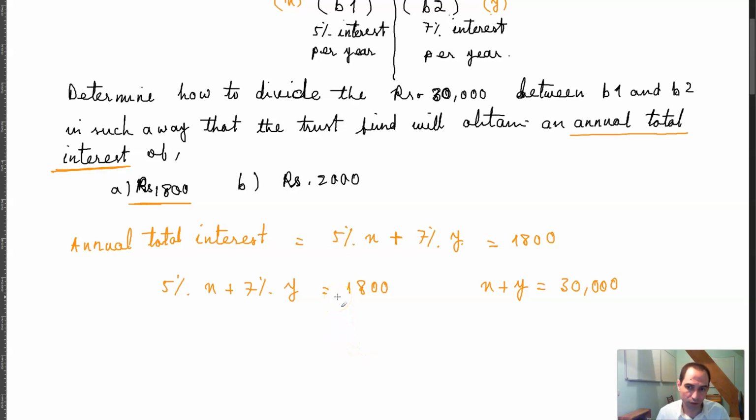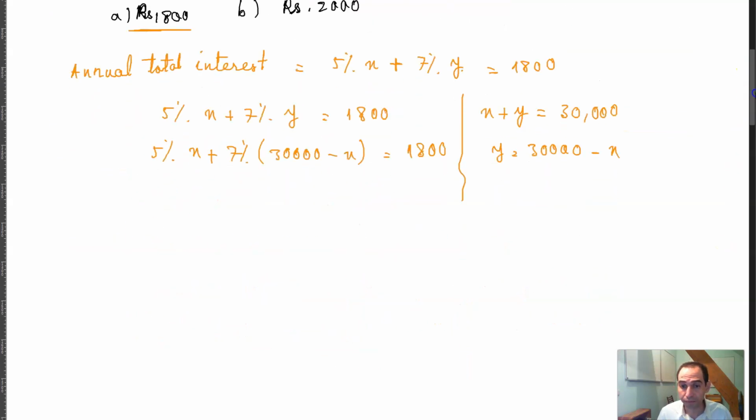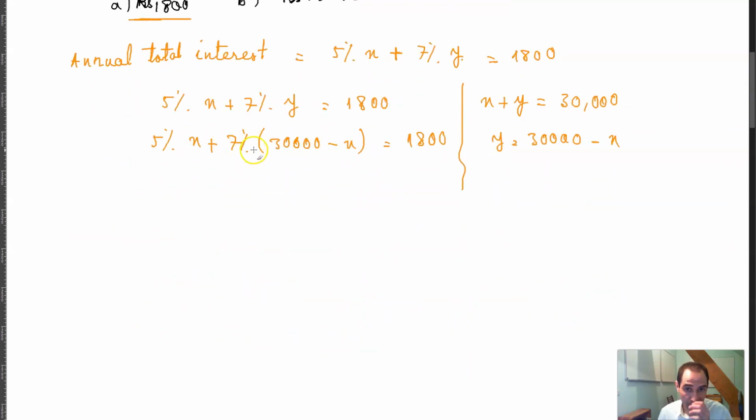I don't have more than 30,000 rupees, so x plus y is 30,000 rupees. Which means that y is equal to 30,000 minus x, right? So here I can write 5% of x plus 7% of, instead of y, 30,000 minus x is equal to 1800. And now I have only one variable here, so I can solve for that.